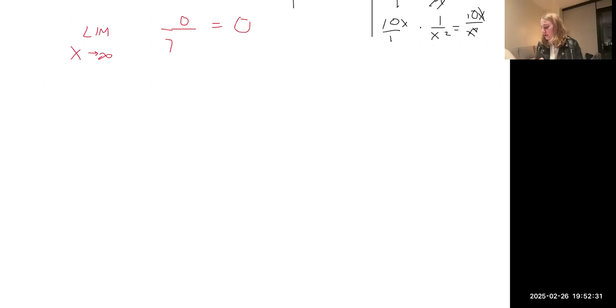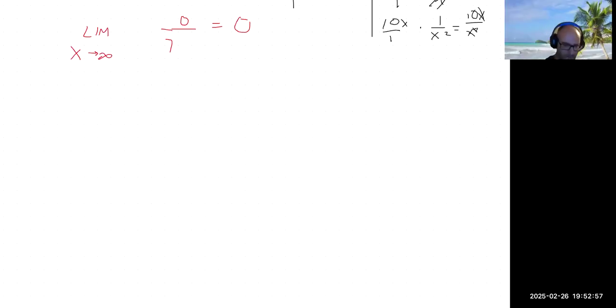I just have to put it in u prime v, v prime u form, and then cancel it a little bit. Ugh. I honestly don't even know where to start.